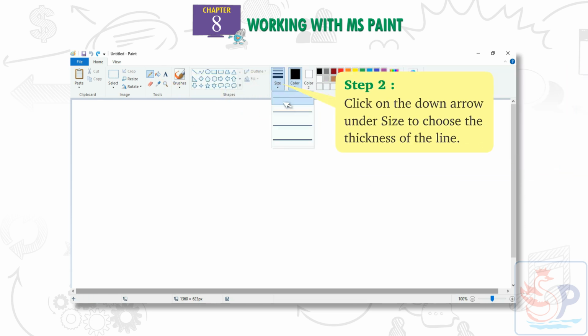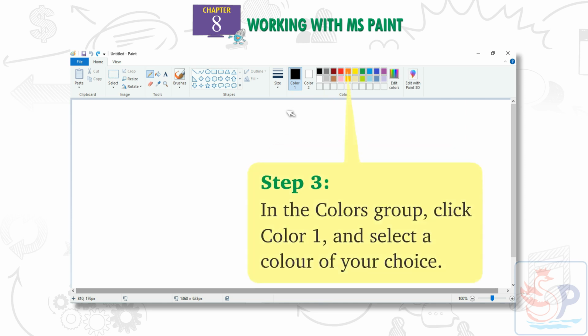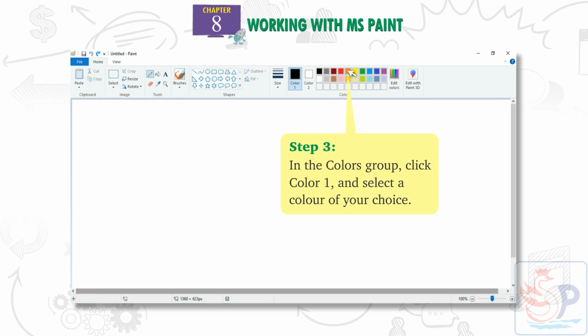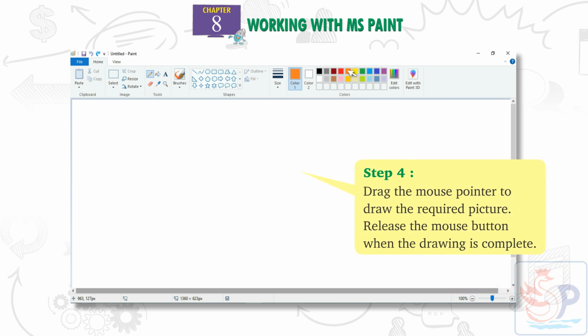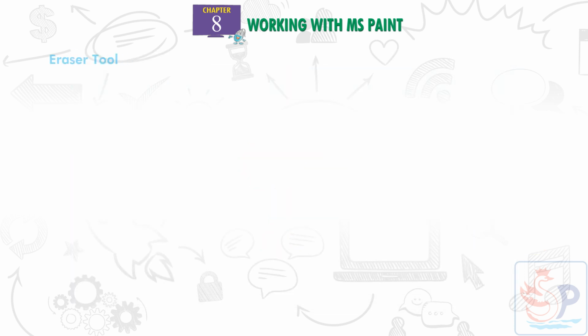Click on the down arrow under Size to choose the thickness of the line. Step 3. In the Colors group, click Color 1 and select a color of your choice. Step 4. Drag the mouse pointer to draw the required picture. Release the mouse button when the drawing is complete.